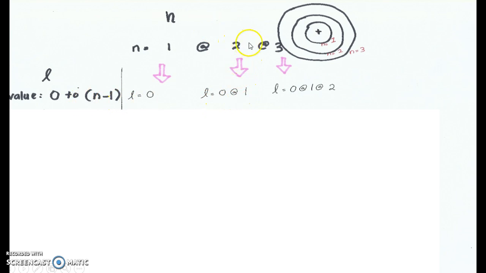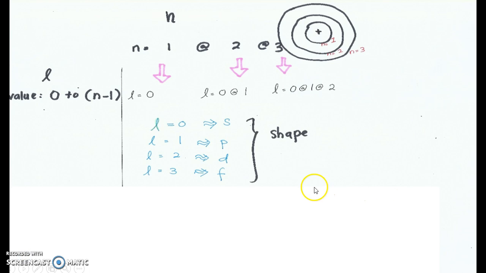So for n equal to 2, at shell number 2, l is either 0 or 1. Same for n equal to 3. When n equal to 3, the l value is 0 to 2, since 3 minus 1 is 2. So l can be 0, 1, or 2.